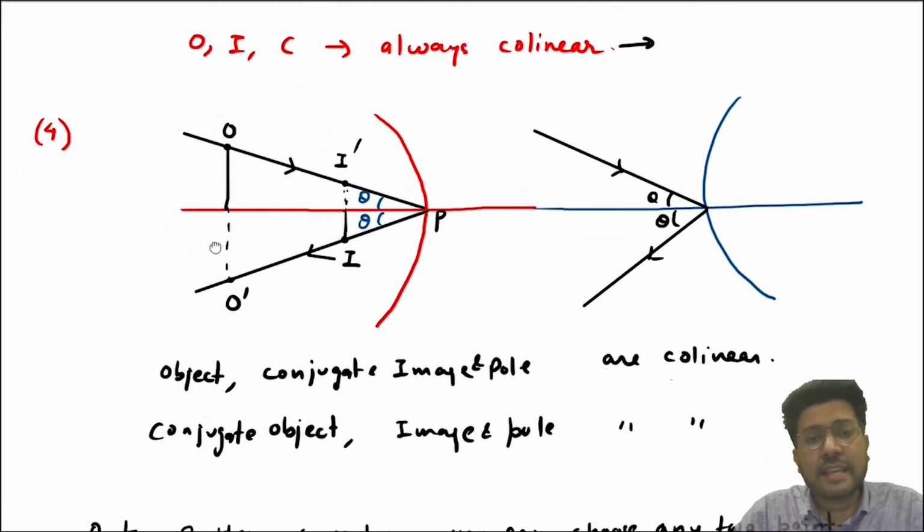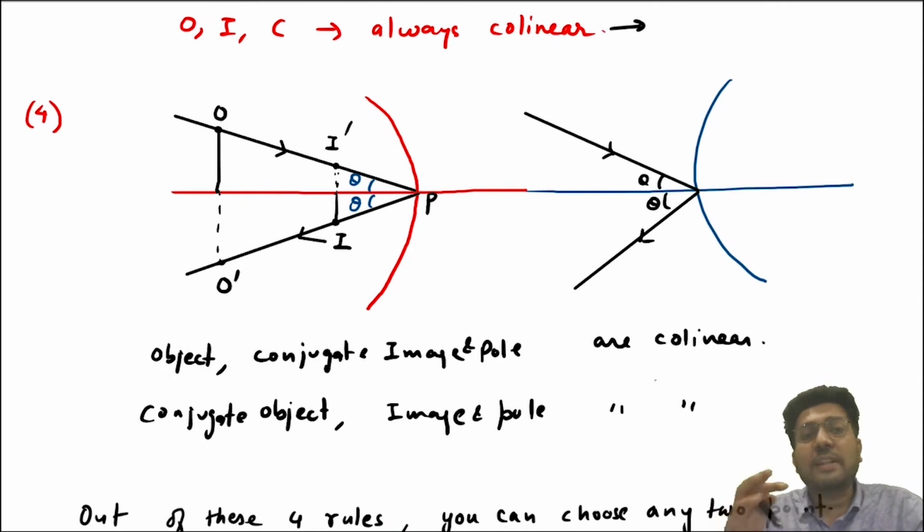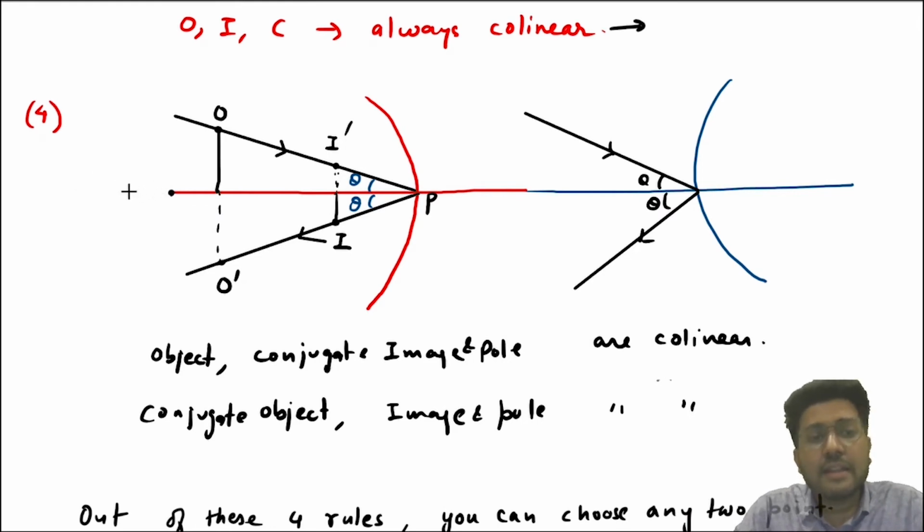Then the next point: you know that the principal axis is a normal, because it passes through the center of curvature and it is the radius. Because this is the normal, a ray which strikes the pole at a particular angle theta reflects back at the same angle theta on the opposite side of the principal axis.